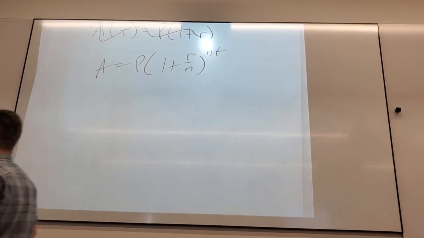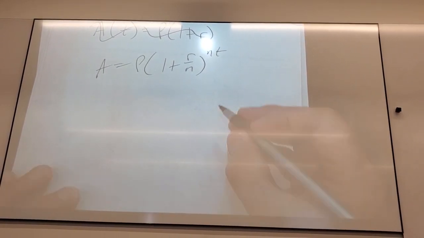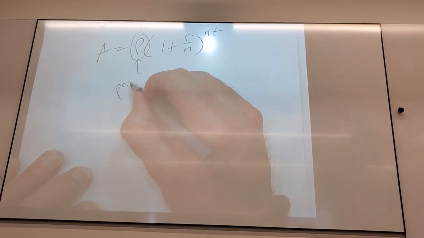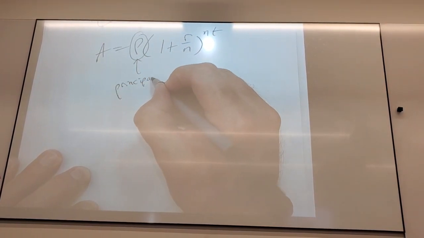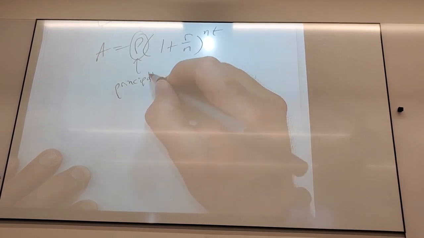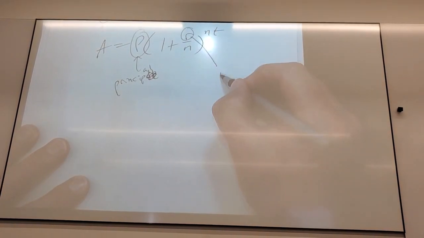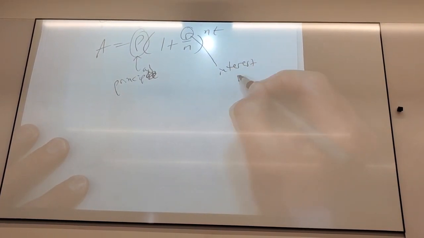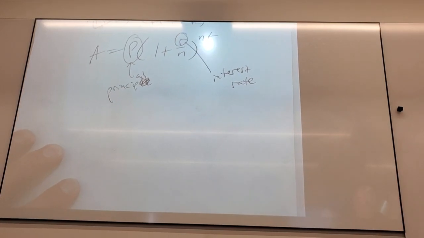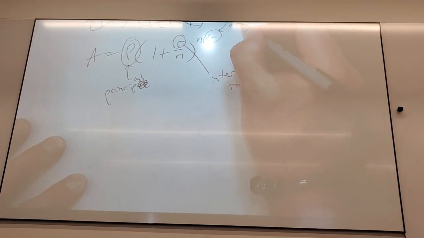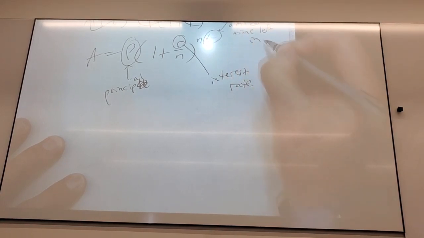You put a certain amount of money into the bank. That's the amount of money you put in. R is the interest rate. T, thankfully, is the amount of time you leave it in. Normally it's in years.